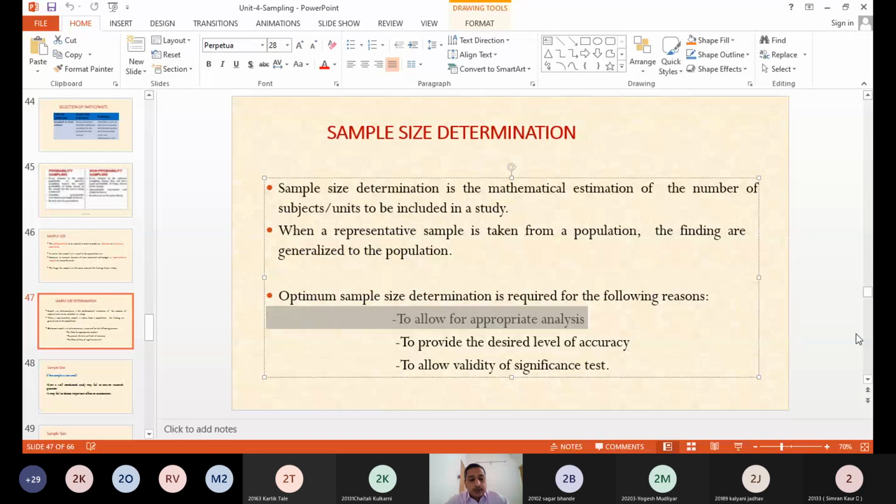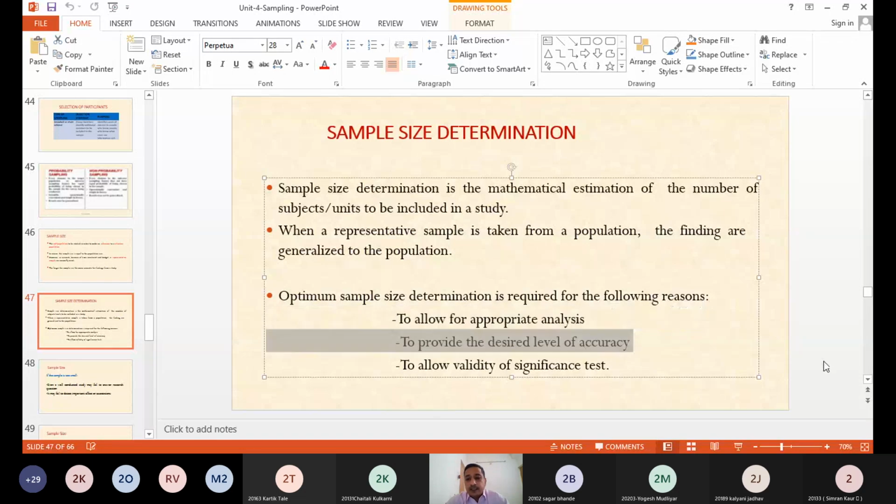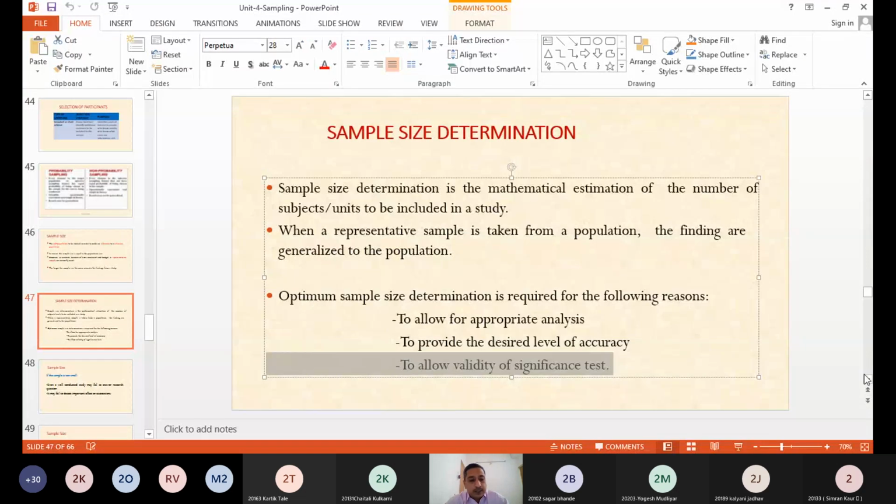So if the sample size is optimum, then it can provide the desired level of accuracy to the findings, and to allow validity of significance tests. So whatever tests we are using, for those tests a minimum sample size is required. So to allow that test to be conducted on that particular sample, we have to have an optimum size of the sample.